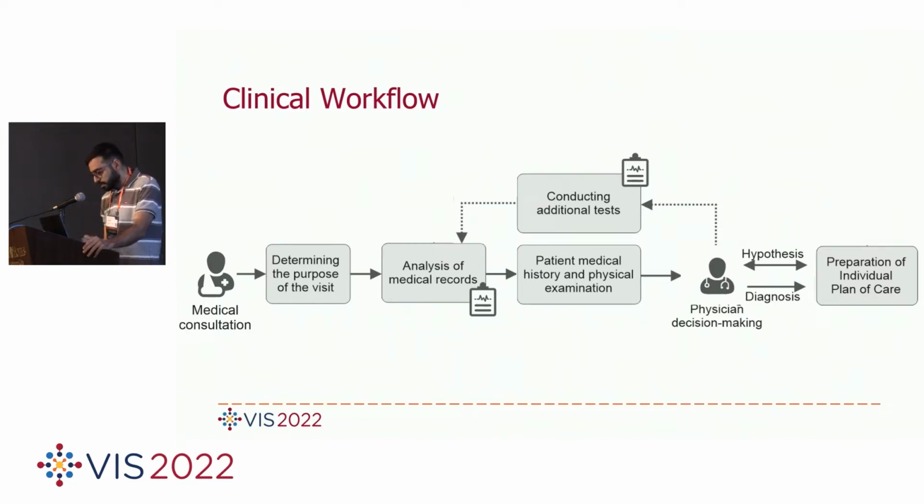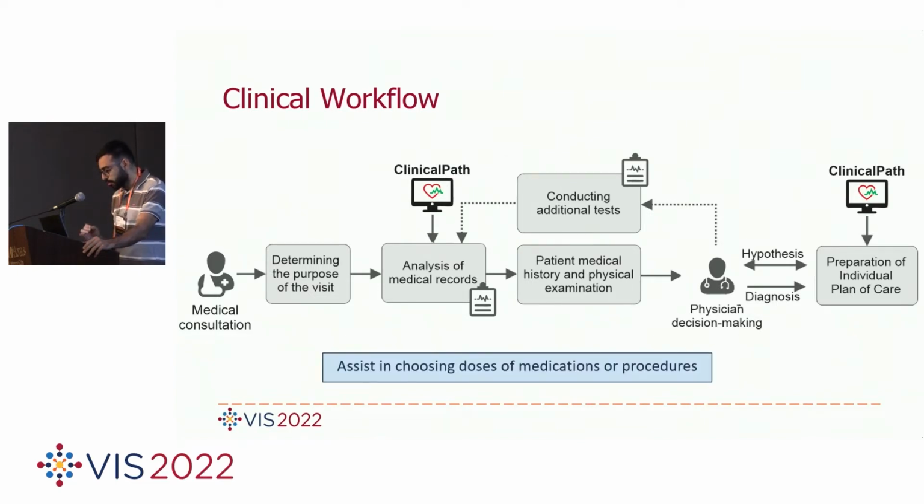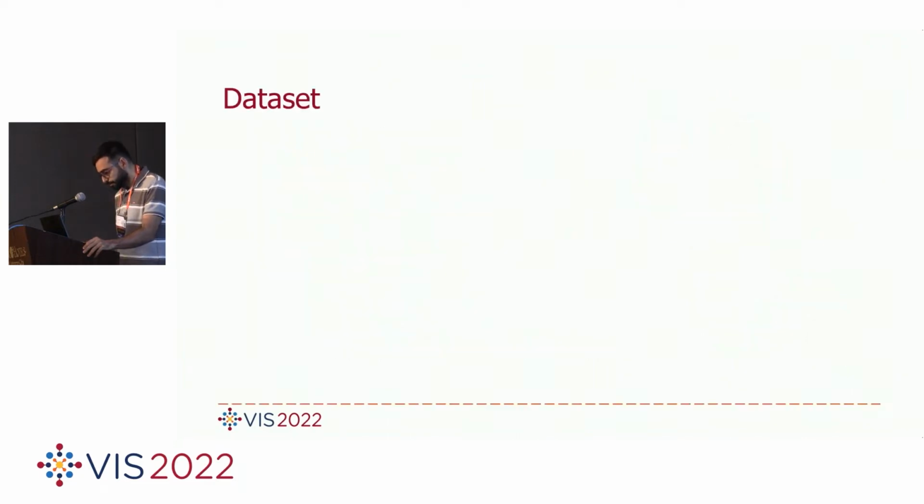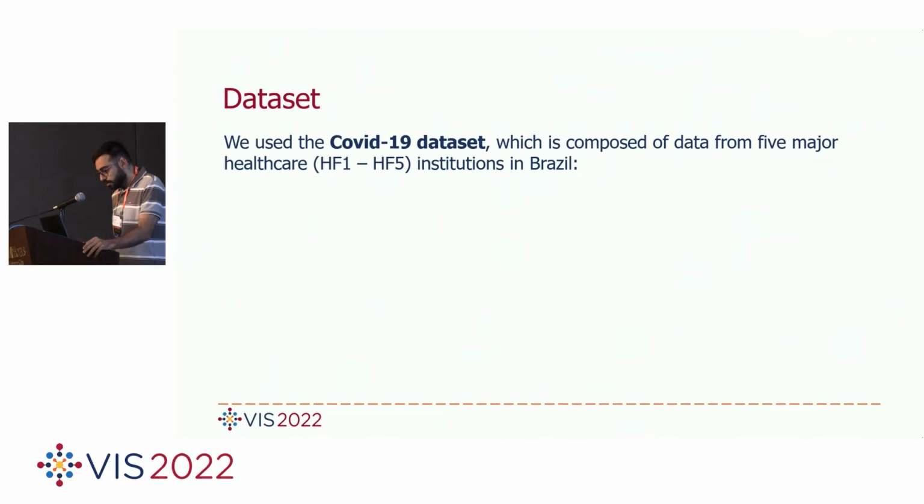Note that in the phase of analyzing medical records and preparing the individual plan of care, our system, called Clinical Path, also plays a crucial role in order to assist in choosing the appropriate dose of medications or to recommend procedures. So we propose Clinical Path, but first I will present the data set used in our experiments. We use a COVID data set, which is composed of 5 major healthcare institutions in Brazil.